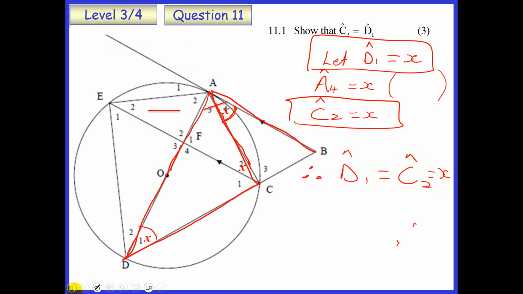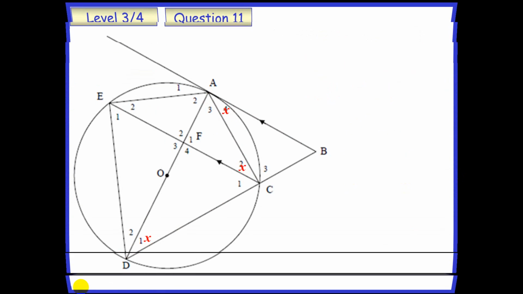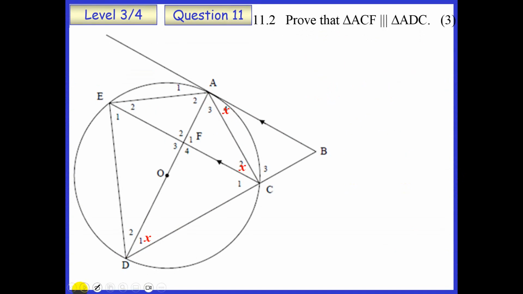So we're moving on to the next question, and that wants us to prove that triangle ACF is similar to triangle ADC. So let's start off by highlighting those triangles.